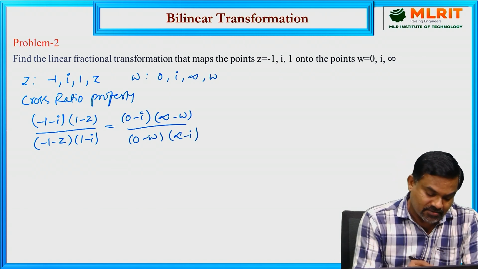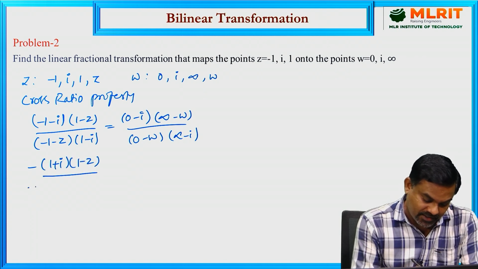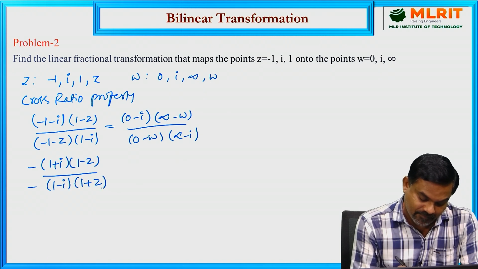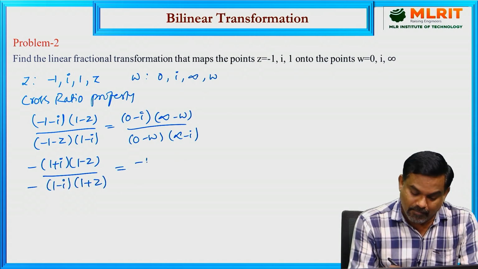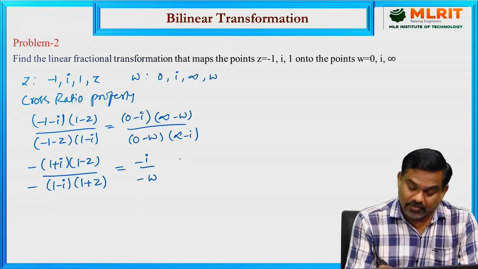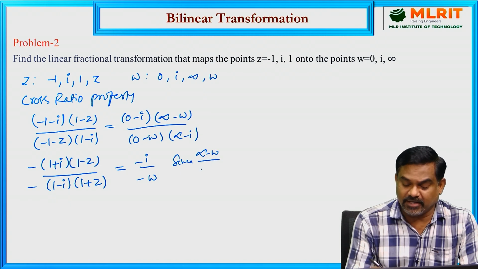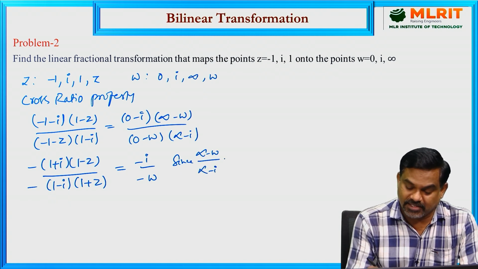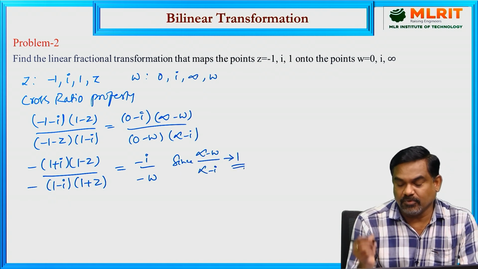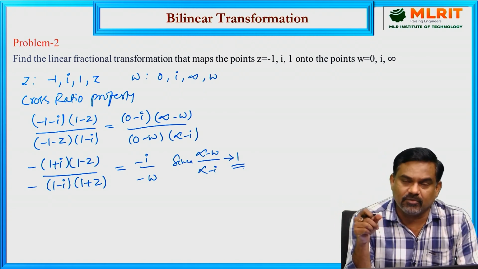Now this minus 1 minus common, so (1 + i)(1 − z) by, here also minus common, (1 − i)(1 + z) is equal to −i/−w. Since (∞ − w)/(∞ − i) tends to 1, we consider the quotient is equal to 1.